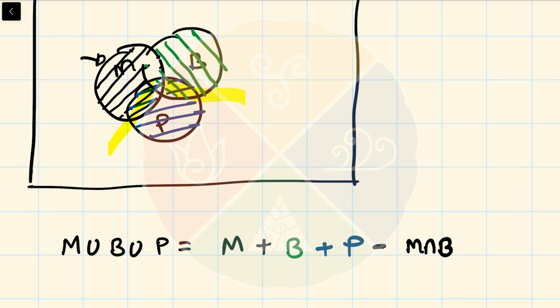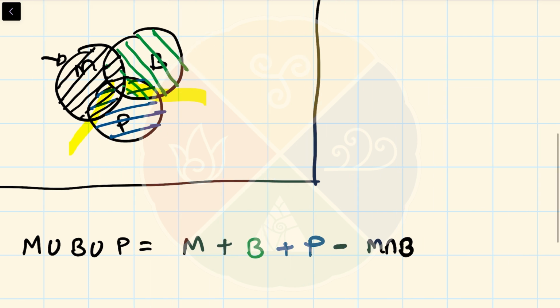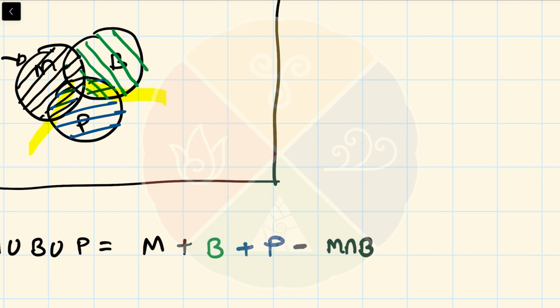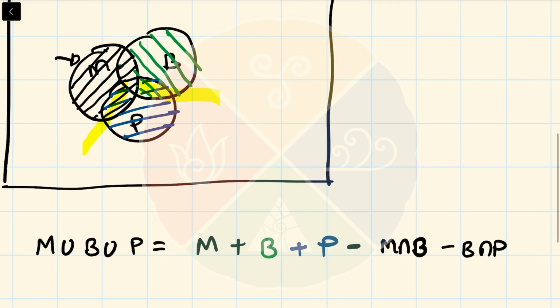Once I do that, all the people in that group will be eliminated once. Then I subtract biology intersection psychology, so here also one time it will go, and only one counting is going to happen.